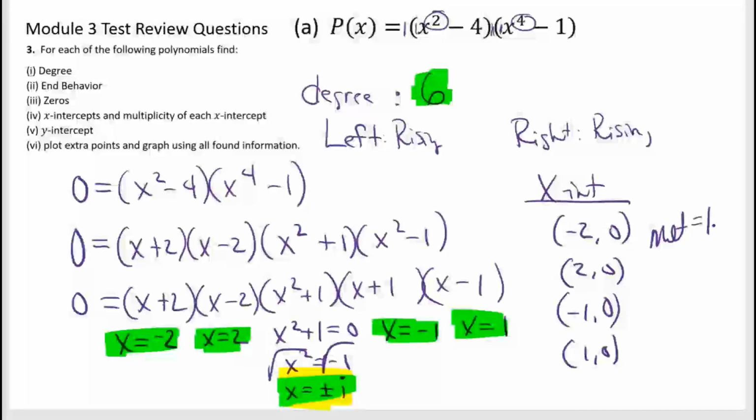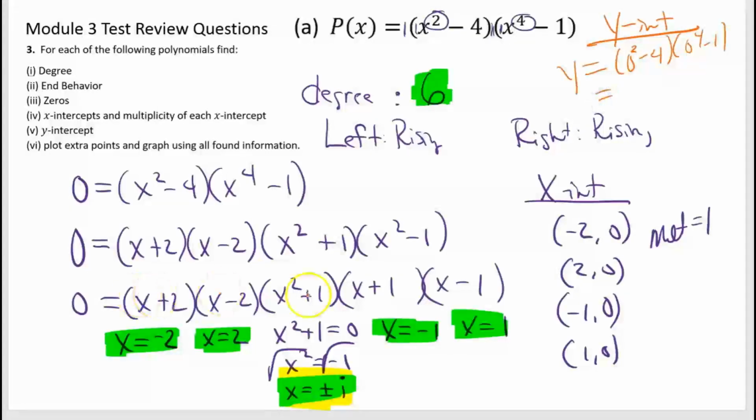Now, I'm supposed to find a y-intercept. Let me go ahead and squeeze that in on this page as well. So the y-intercept, way up here in orange, top right, you plug in 0 for x. So I can say p of x, or I could say y equals, and that's going to be 0 squared minus 4 times 0 to the 4th minus 1.